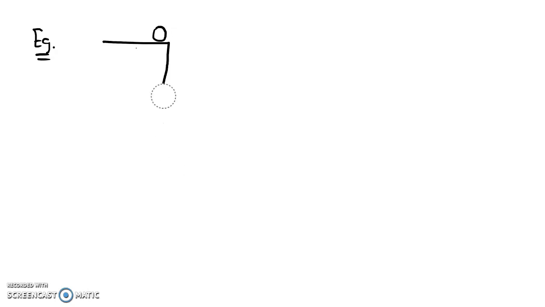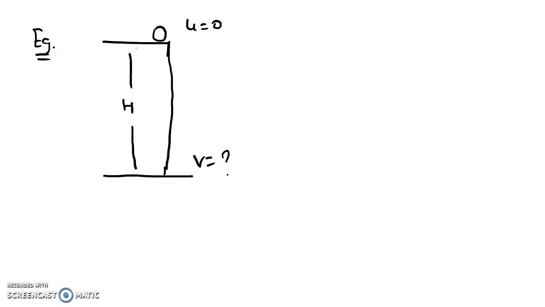But if people ask the velocity, okay, I'll just draw the line again for aesthetic purposes. Here u is 0, v I need to find, and h is given. So how do I find it?